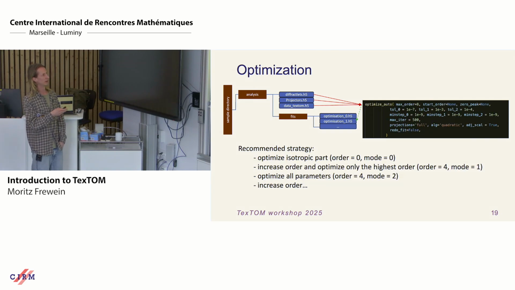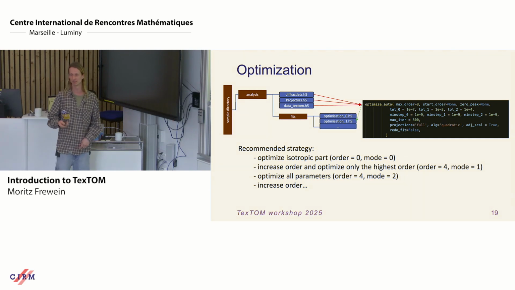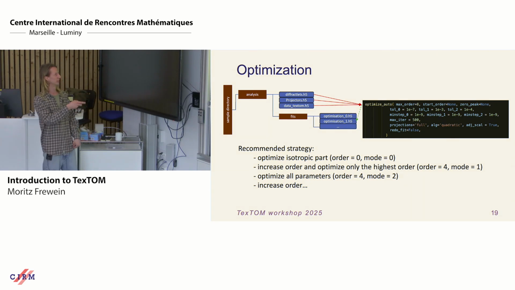Our strategy for the moment has already been established in Sachs tensor tomography: you start with the lowest order and increase it, or optimize only the highest order. So we start with order 0, where it's just a scalar problem.